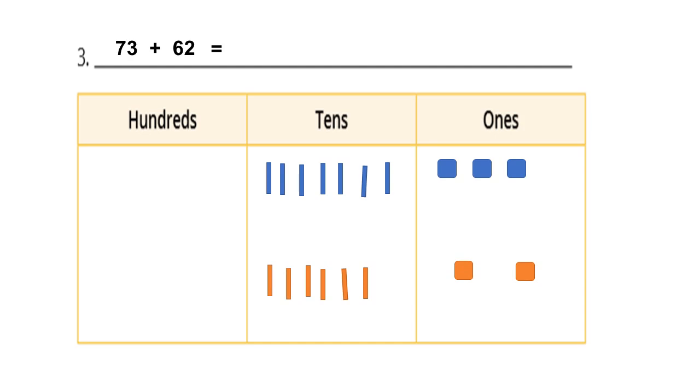Now we represent the two numbers. Count how many here in the ones. Yes, we have 5. So we will write 5 in the ones here. Okay, and how many straws here? 13. Can I write 13?